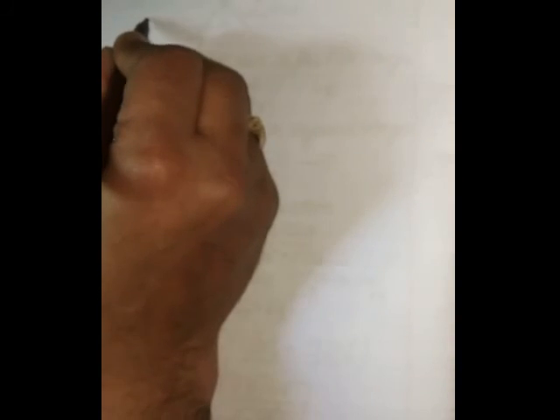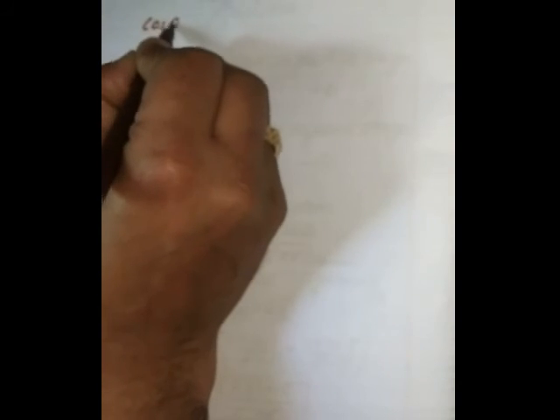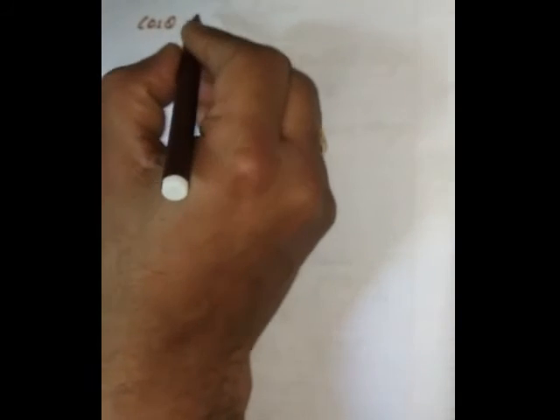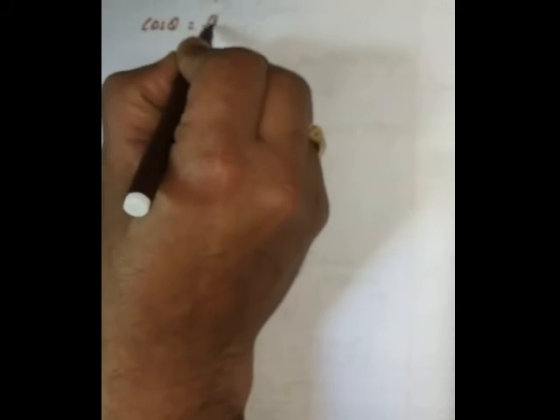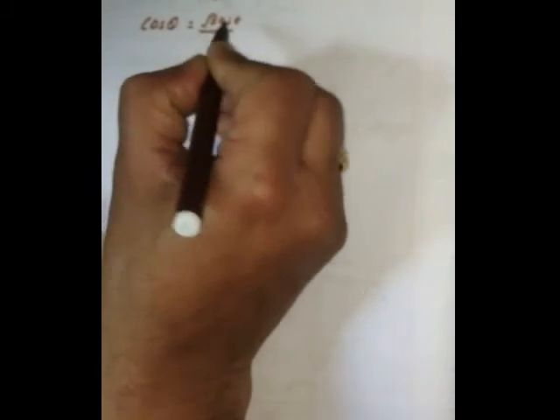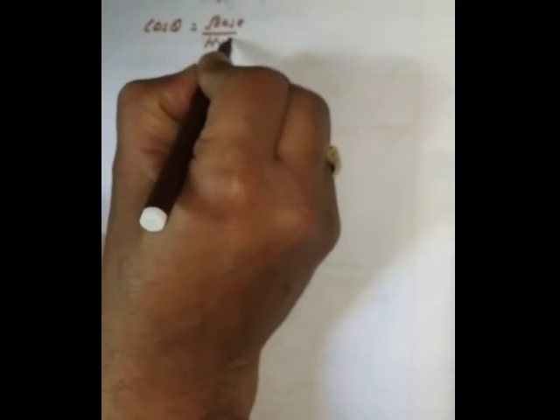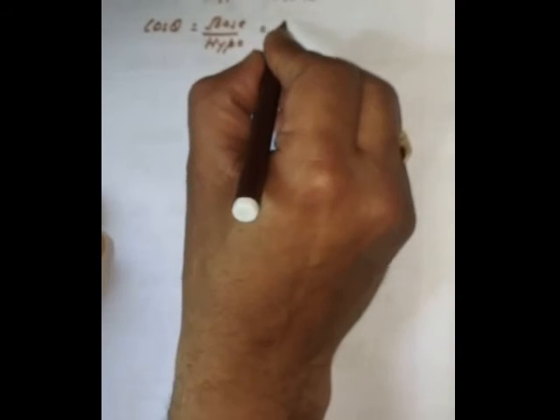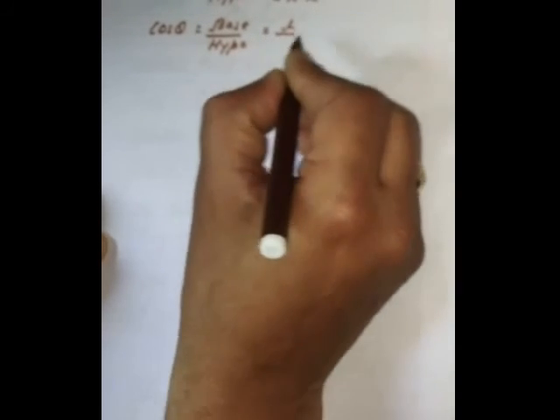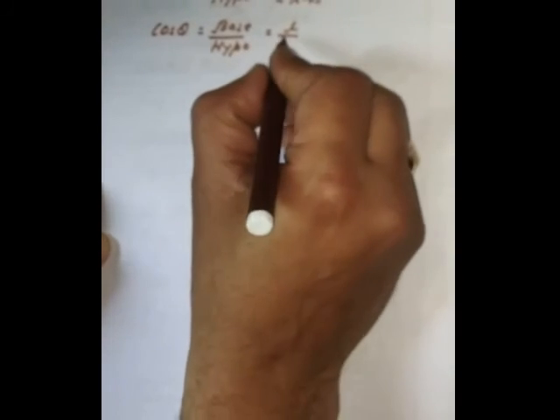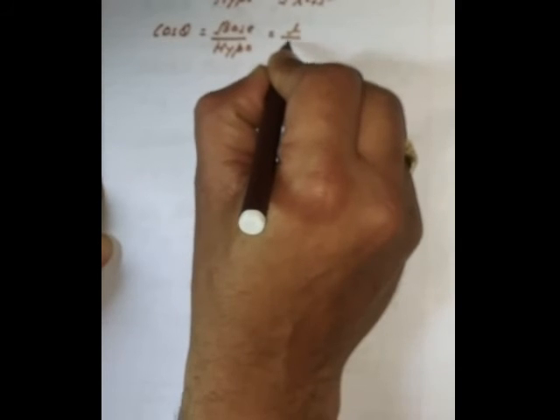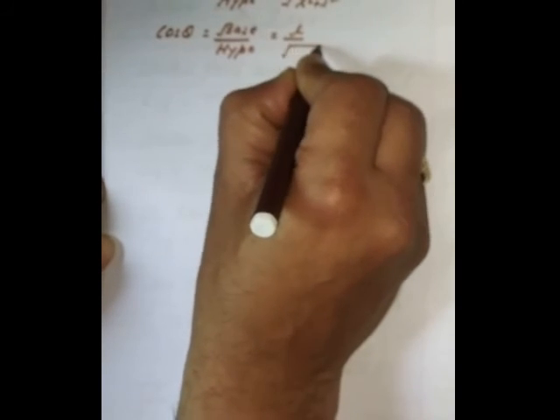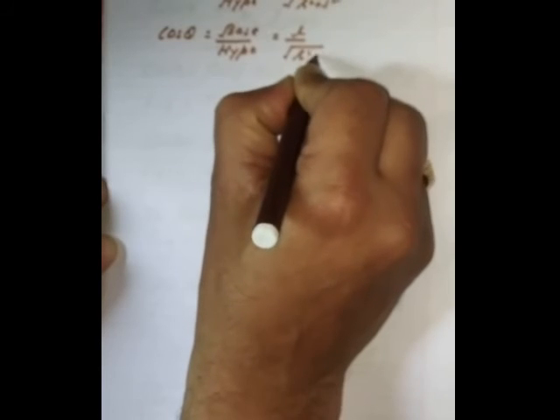Cos theta equals base upon hypotenuse. The value of base is L, and the hypotenuse, which you have to find out, is under root r square plus L square.